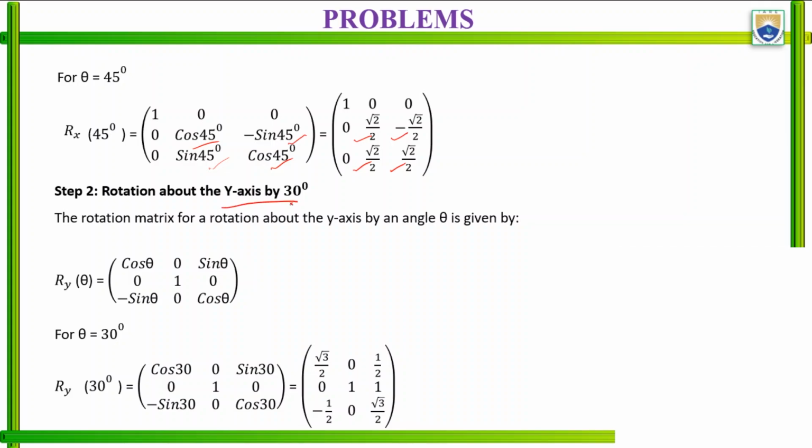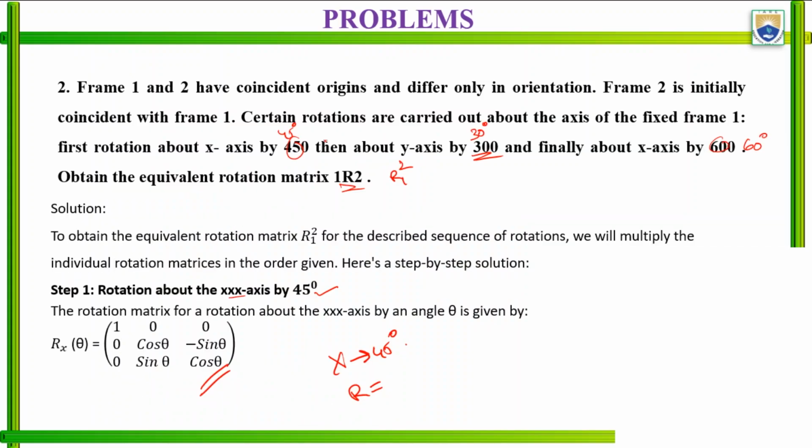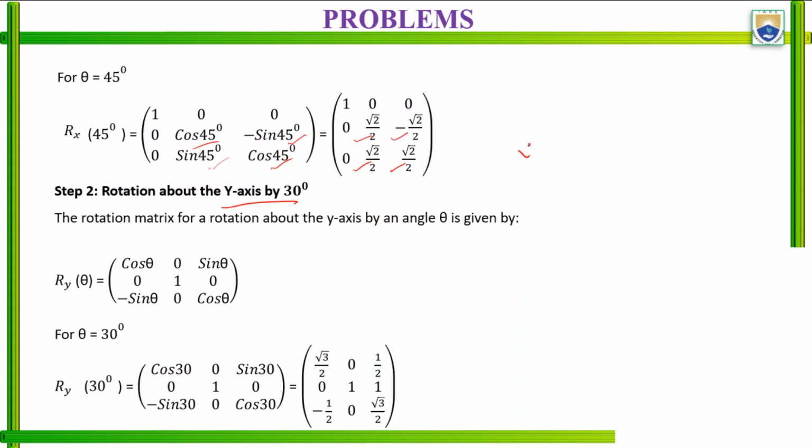Now the same thing with respect to y-axis we need to do. Now for y-axis, what is the angle? It is 30 degrees. So at y-axis the angle is 30 degrees. Now we need to calculate the rotational matrix with respect to y-axis. So with respect to y-axis, here this is the axis, right? X and y.